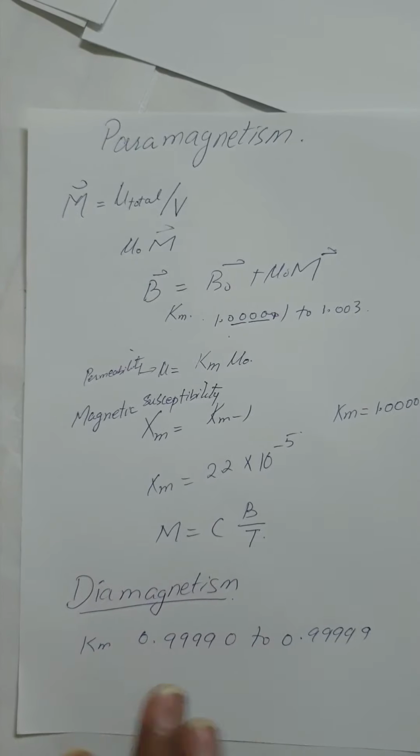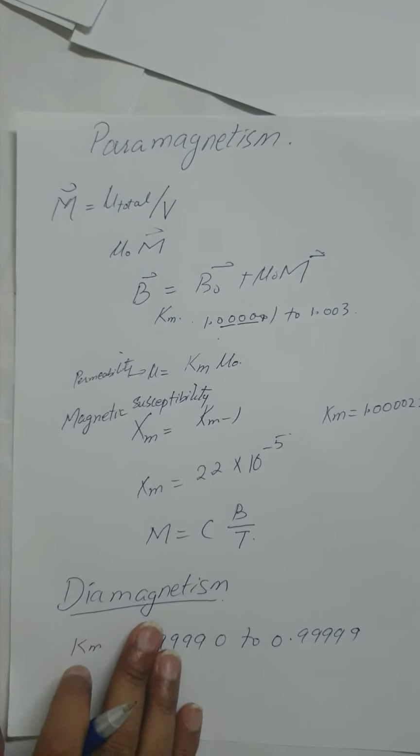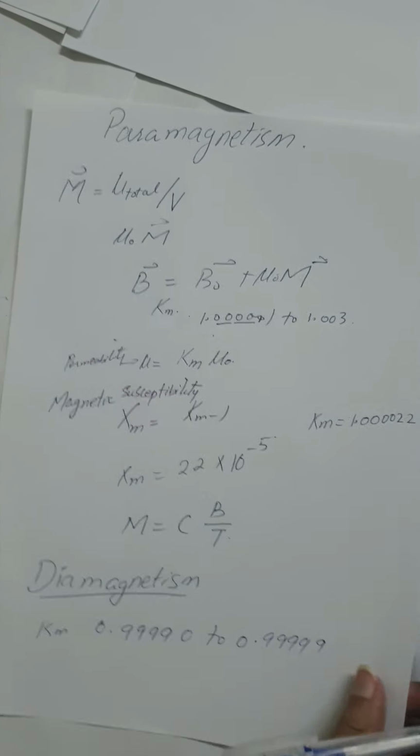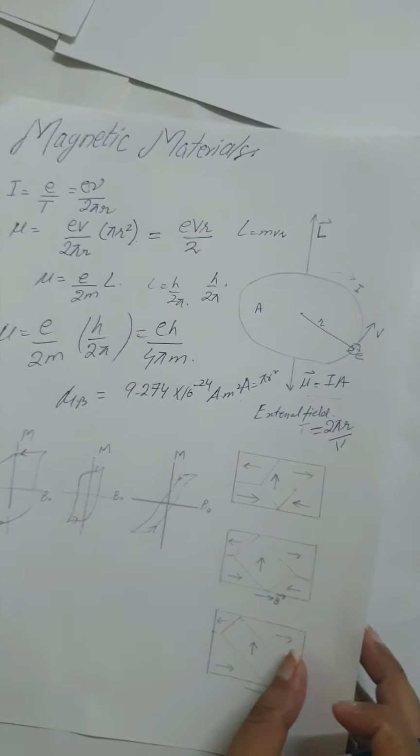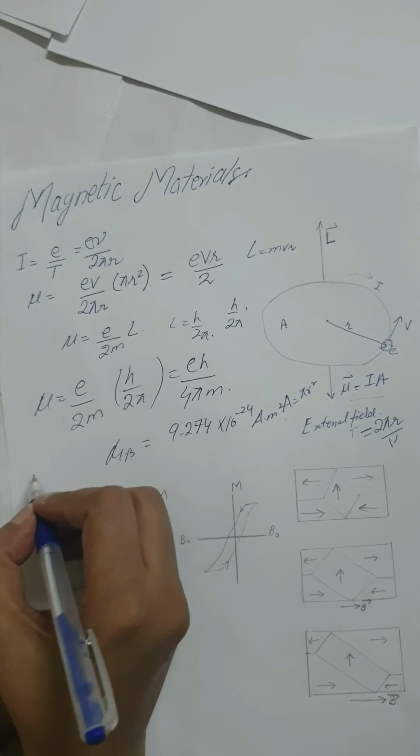Now the other important, the third and the most important one is ferromagnetic materials. This is the third class of material. We call them ferromagnetic material.